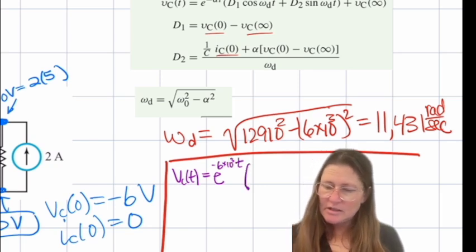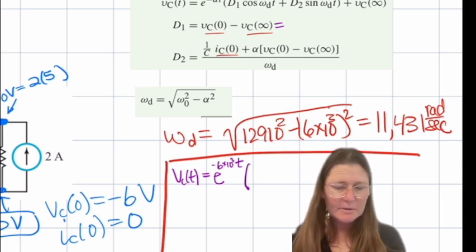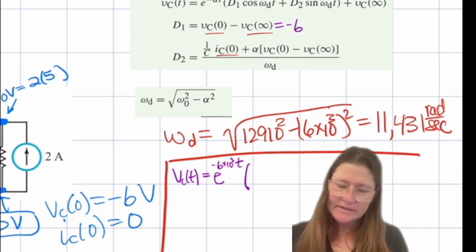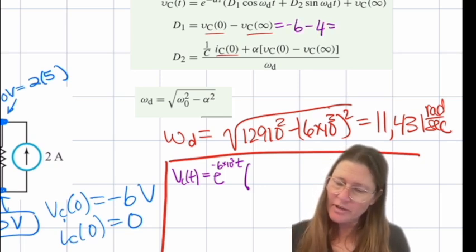And then D1 was VC of 0, which is minus 6, and then minus 4 for a value of minus 10.